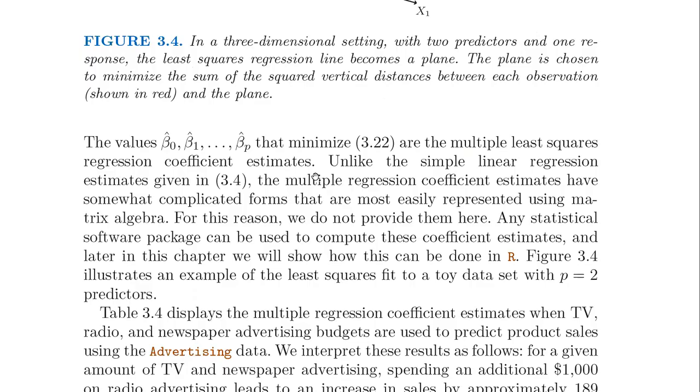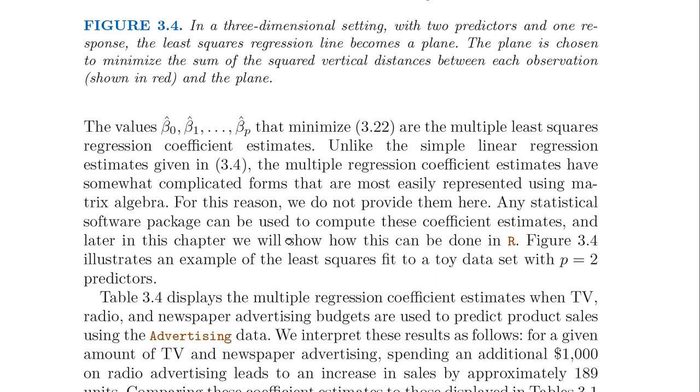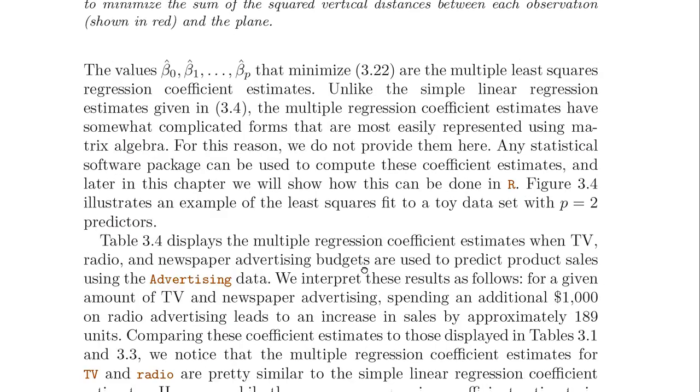In a three-dimensional setting, I'm reading the italicized text, with two predictors and one response, the least squares regression line becomes a plane. The plane is chosen to minimize the sum of the squared vertical distances. Those were our black arrows between each observation, shown in red, and the plane.